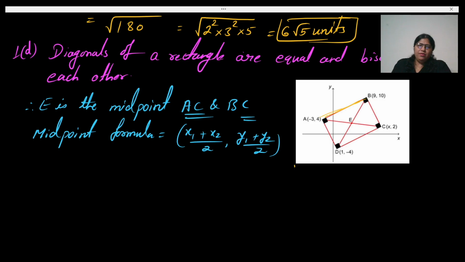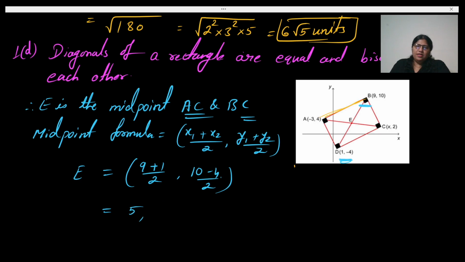So if I am considering B and D, the coordinates of E will be 9 plus 1 by 2 comma 10 minus 4 by 2. So 9 plus 1 is 10, this is going to be 5, and 10 minus 4 is 6, by 2 will be 3. So your coordinates of E are going to be 5 comma 3.